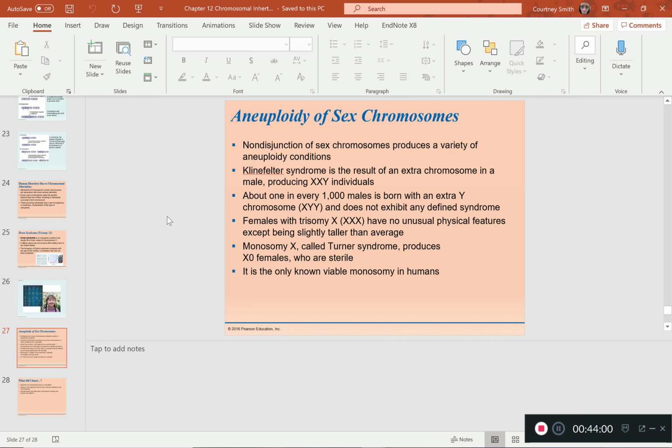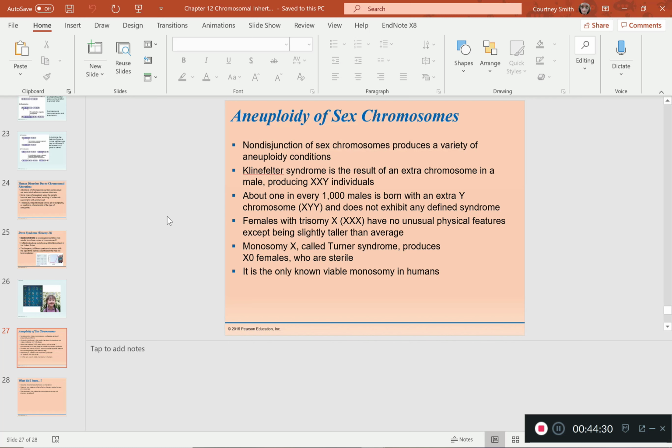So Klinefelter's is where you have an XXY. These individuals are considered male. With Klinefelter's, it depends on the severity, but sometimes patients can have some physical and intellectual developmental issues, but for the most part, they're pretty normal.